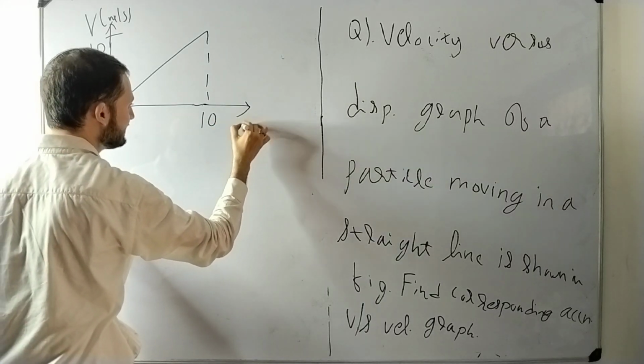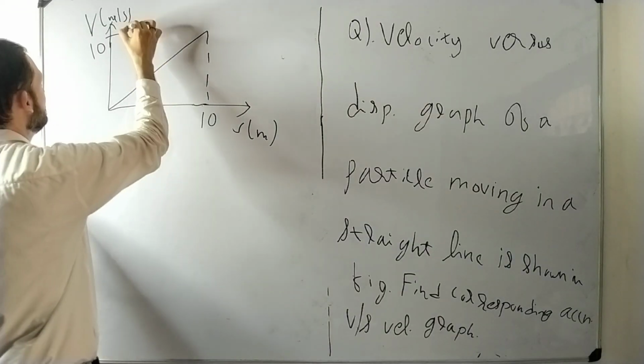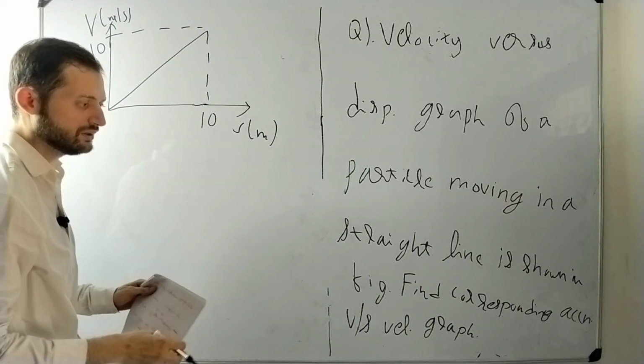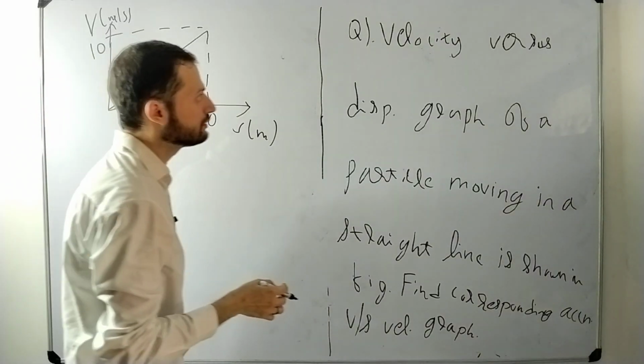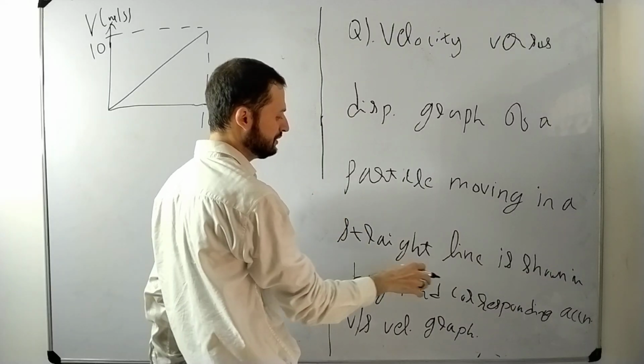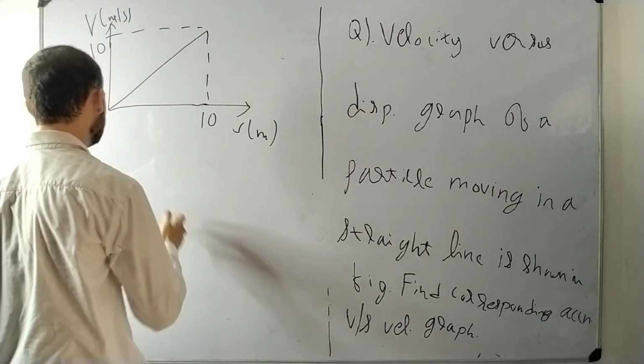So this is S in meters. So look at the question, students. A velocity versus displacement graph is being given. We need to find the corresponding acceleration versus velocity graph.